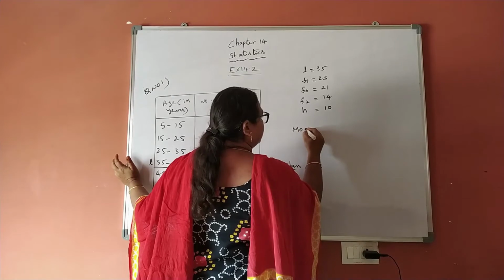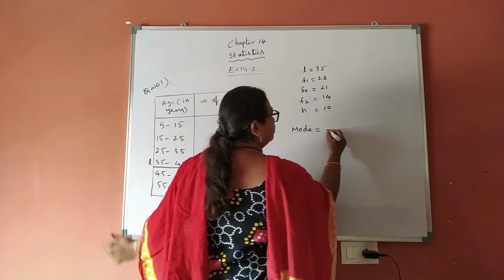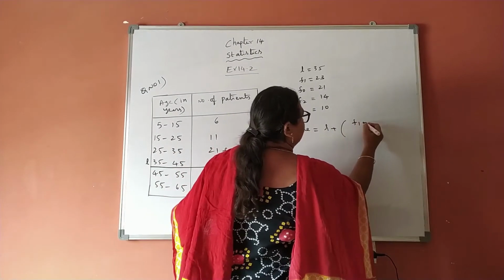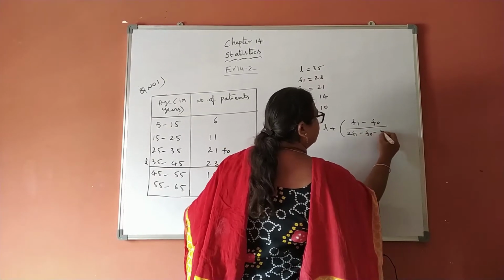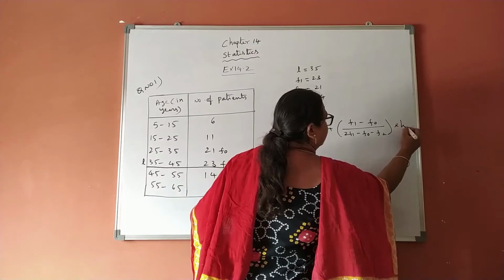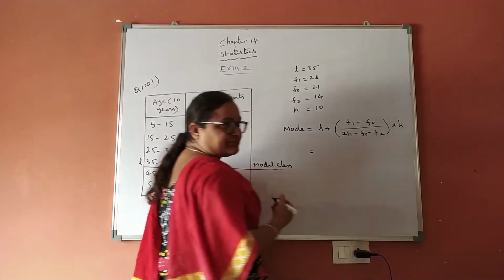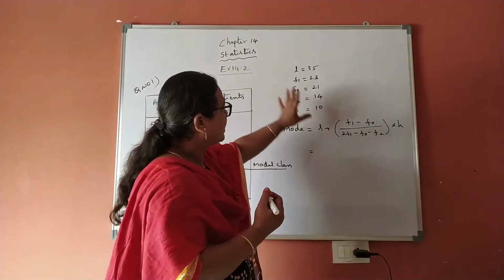Now we will use the formula. Mode is equal to L plus (F1 minus F0) by (2 F1 minus F0 minus F2) into H. Now we need to substitute the values. All the values we are having now.